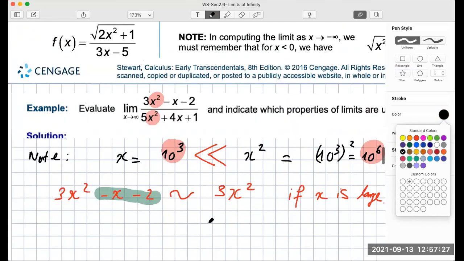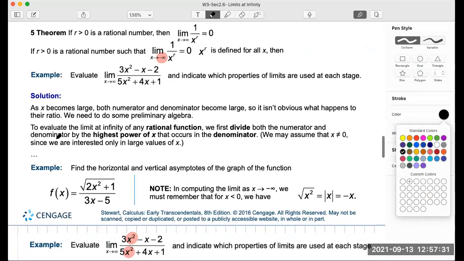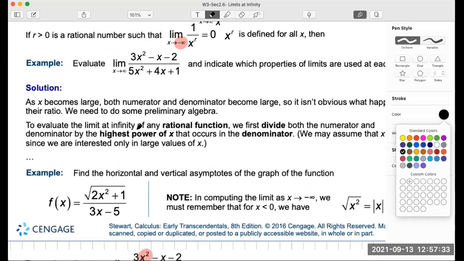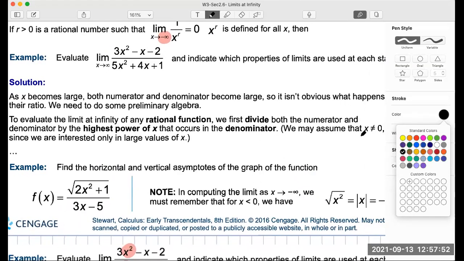If you go home, look back here in the slides, I indicated here. To evaluate the limit at infinity of a rational function, we first divide both numerator and the denominator by the highest power of x that occurs in the denominator. Okay? And we always assume that x is not 0.